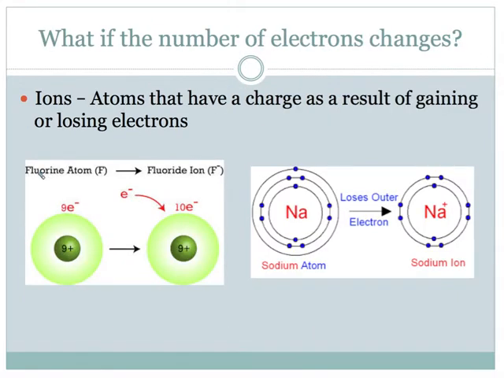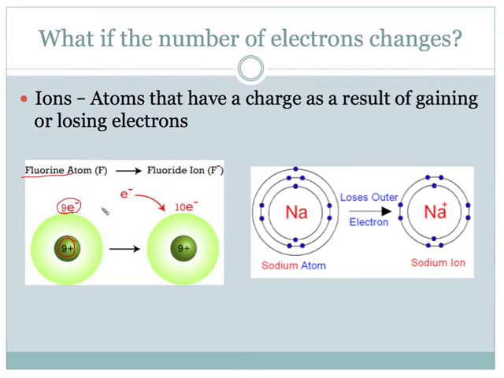But what if I change the electron number? Atoms are neutral by nature, normally they're neutral. So fluorine has an atomic number of 9, which means it has 9 protons in the nucleus. It also has 9 electrons on the outside because positives and negatives have to be equal.